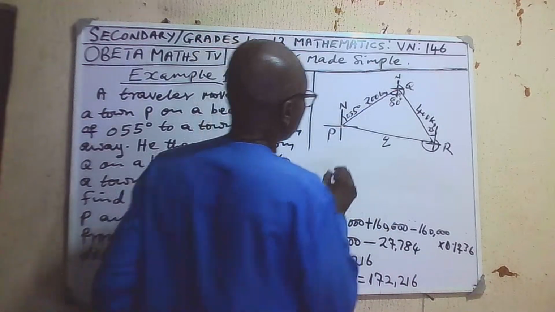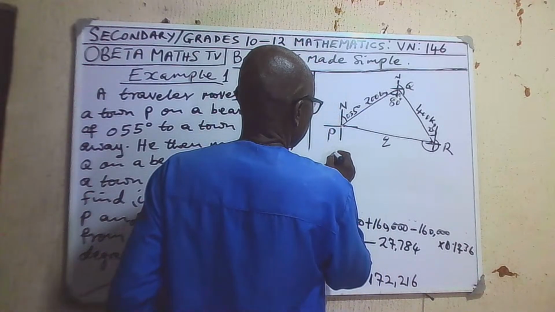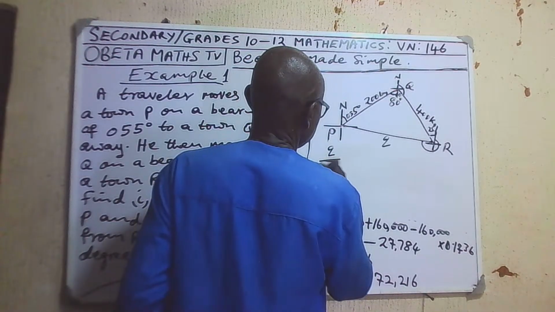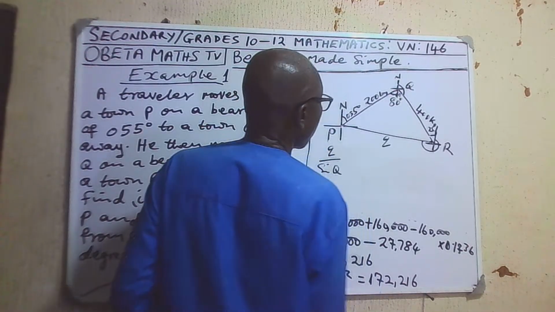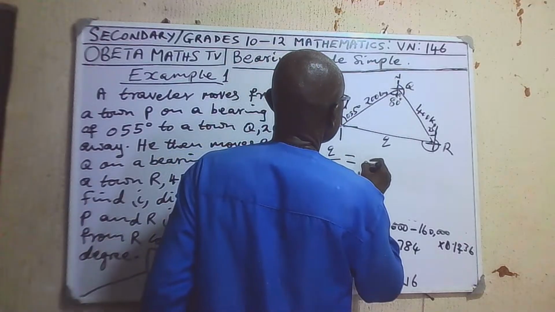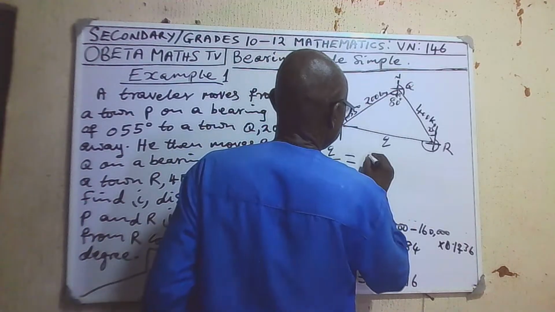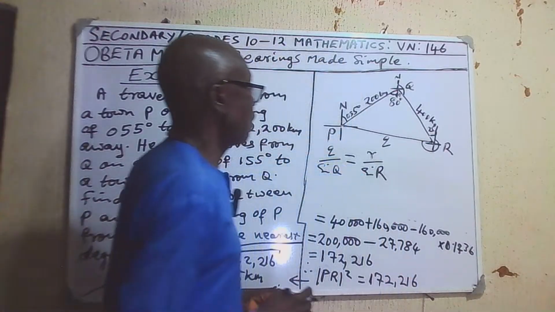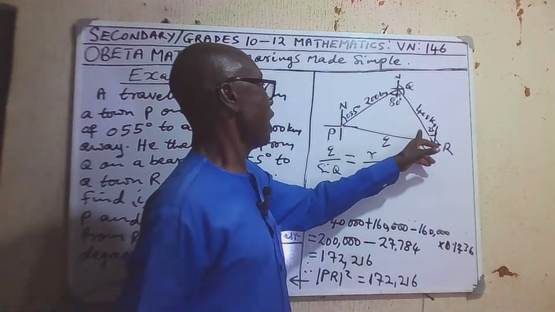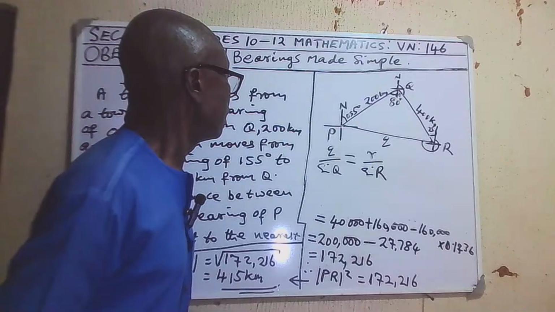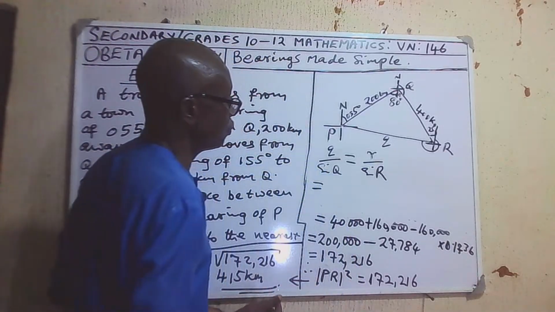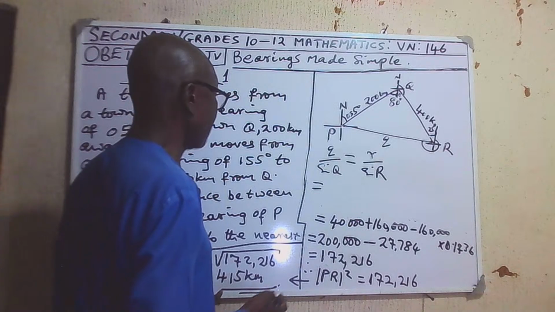So we are going to have q over sine Q is equal to small r over sine R. Remember that what we are looking for is angle R. So moving on, we already know q to be 415.